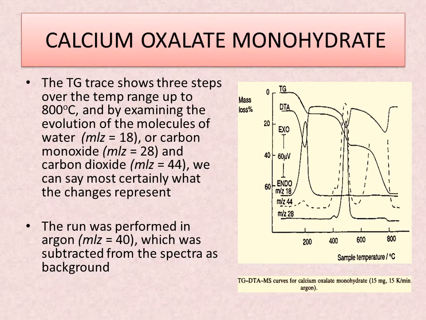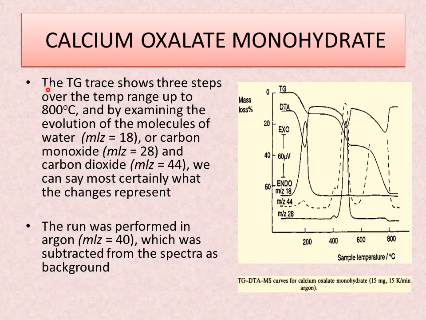We can see different curves here. This is the thermogravimetric curve, which goes this way. Then the differential thermal analysis curve is the second curve shown here, and then some other curves represent the various gases which are evolved during this process.